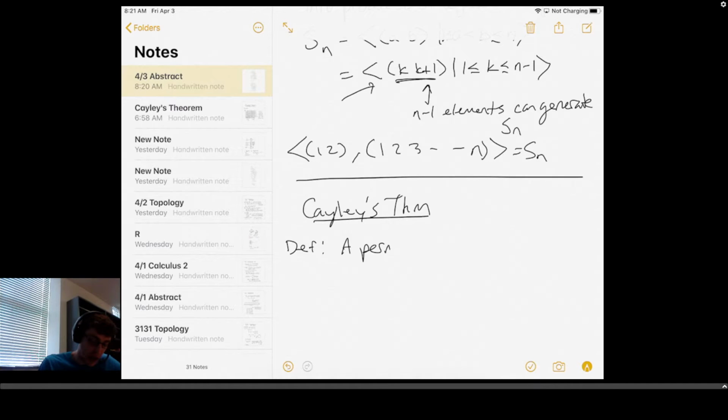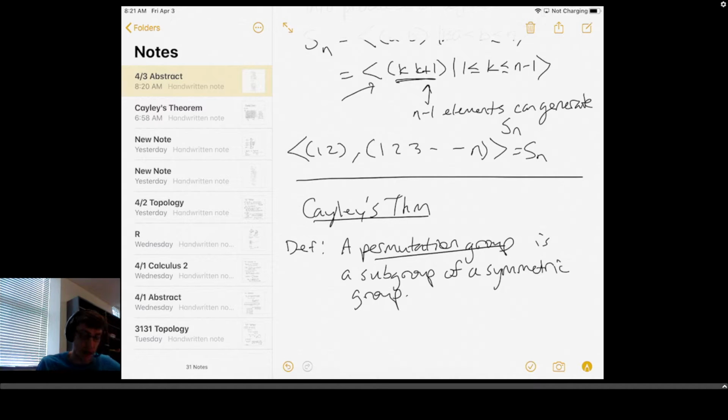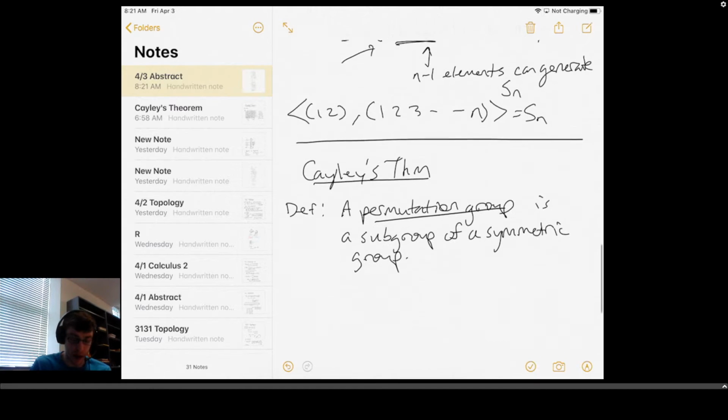So a permutation group is a subgroup of a symmetric group. Right, so it doesn't have to be like Sn, it can be a subgroup of Sn, which may not be like Sk for some smaller k, right? So that's the reason we introduced this.